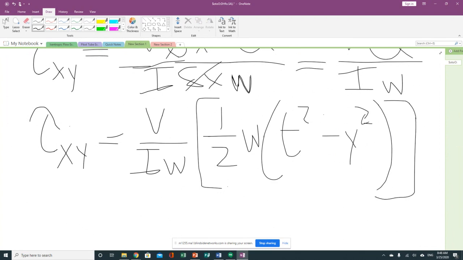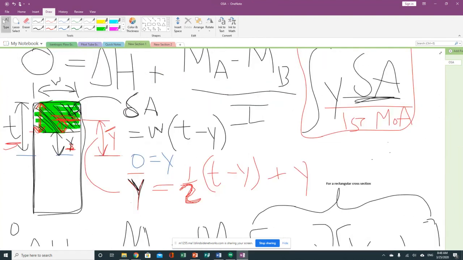So again, this is for a rectangular cross section. But something we can immediately tell is, if I go to the top of my beam, that gives me a y coordinate of what? The top of this beam is how far from the neutral axis?